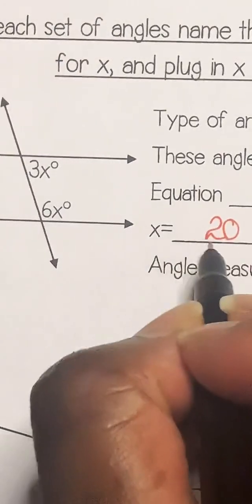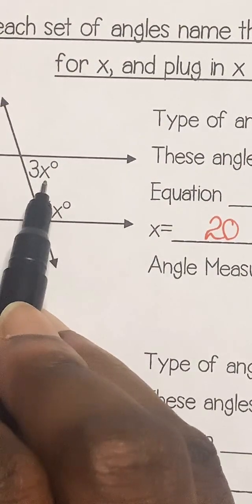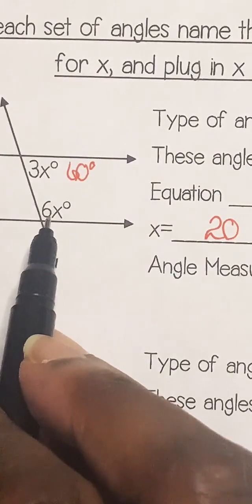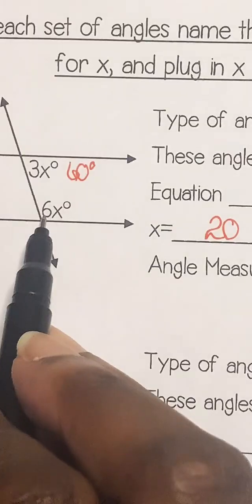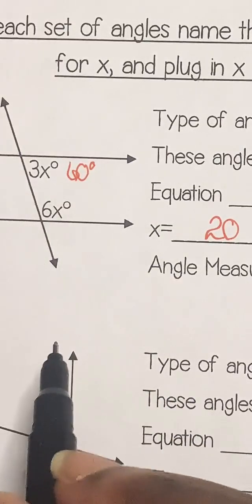All right, so we replace the x with the 20. Since it's 3x, that means it's 3 times x. So 3 times 20 gives me 60 degrees. The same thing happens here, 6 times x. If you don't see a plus or a minus sign in between the number and the variable, that means you're doing multiplication.